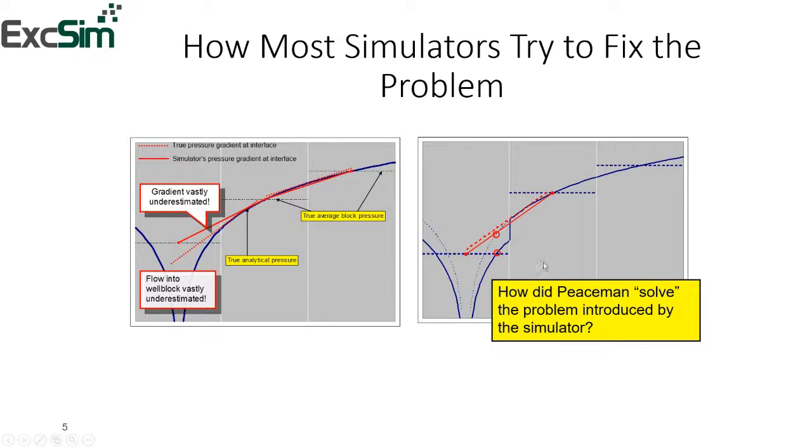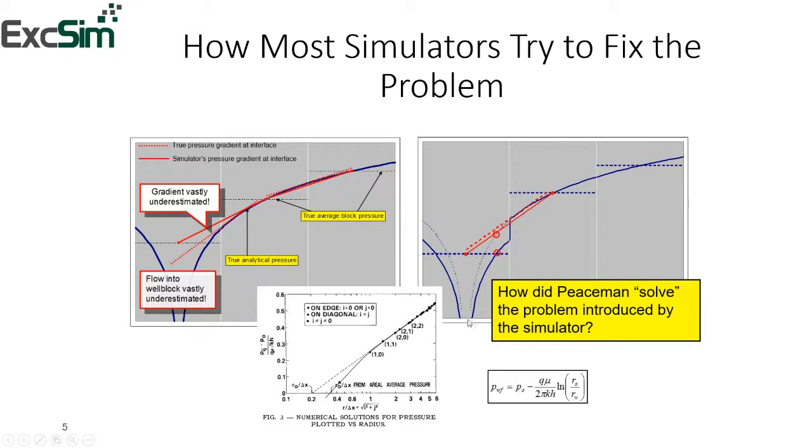And this is what Peaceman said or showed. If you remember, the straight line on Peaceman's plot is actually the logarithmic line, and the dashed continuation of this line is the dashed one here.